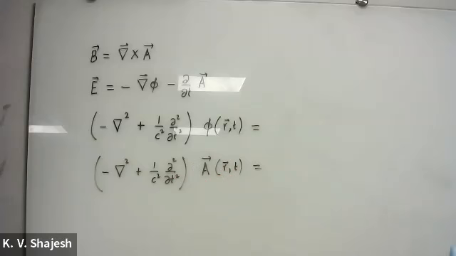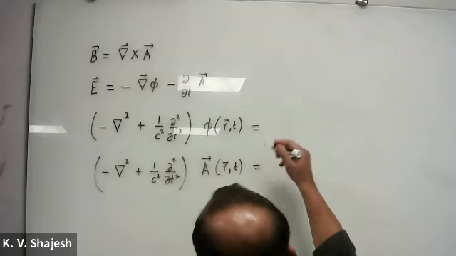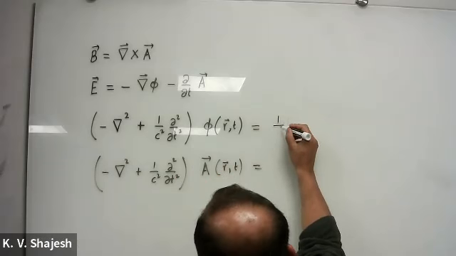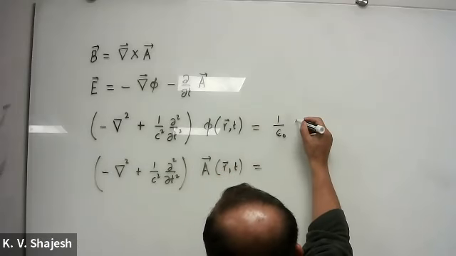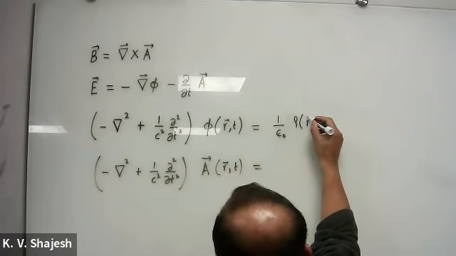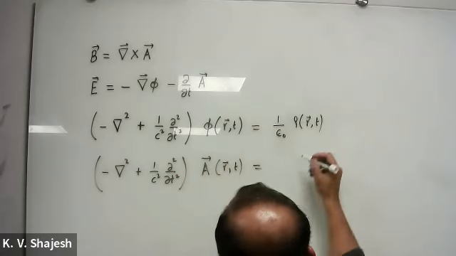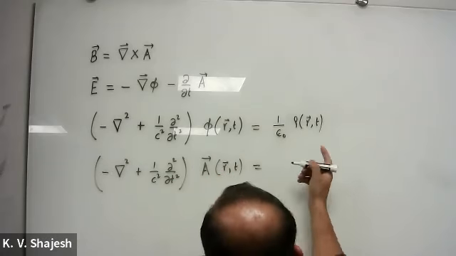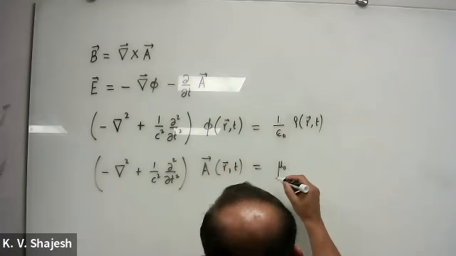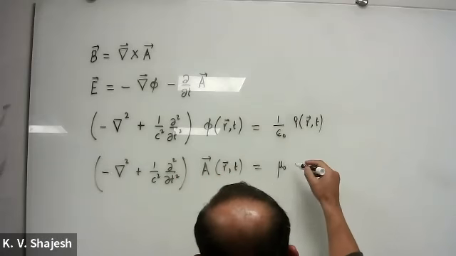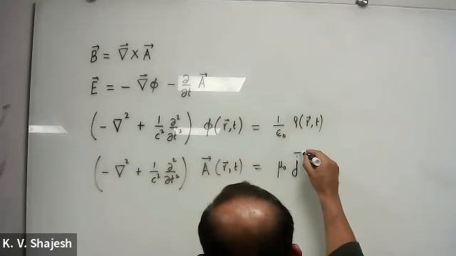So it emits quantities, and here it is the charge density. And for the magnetic potential, it is the current density.